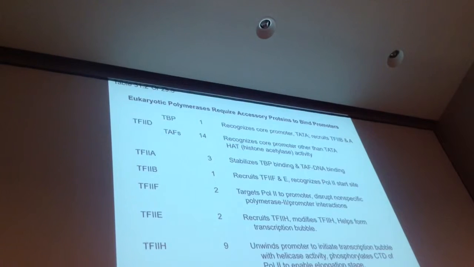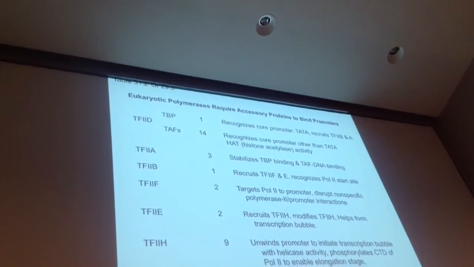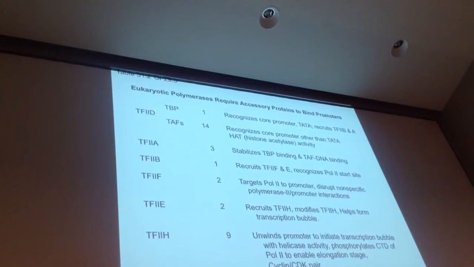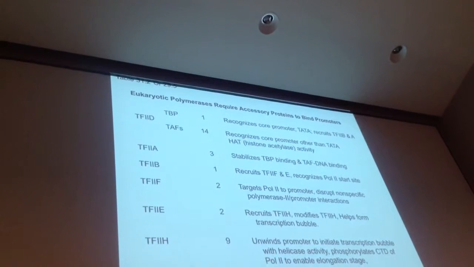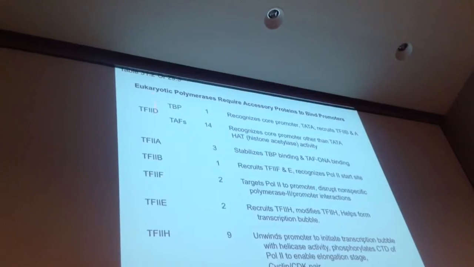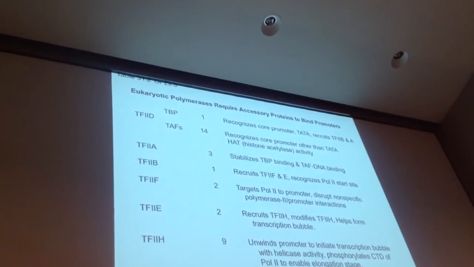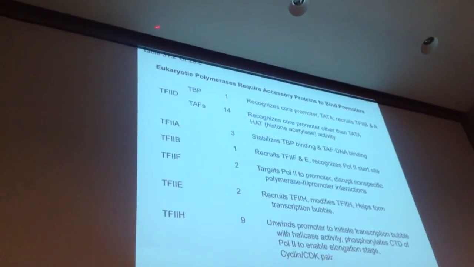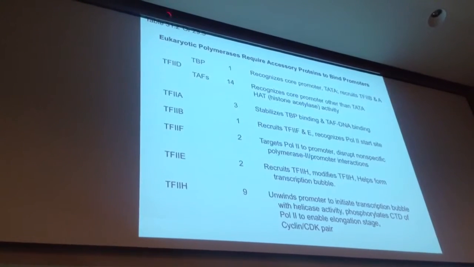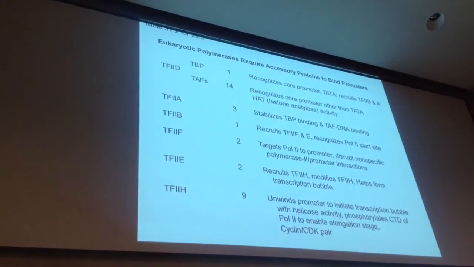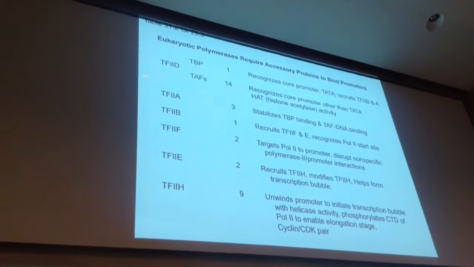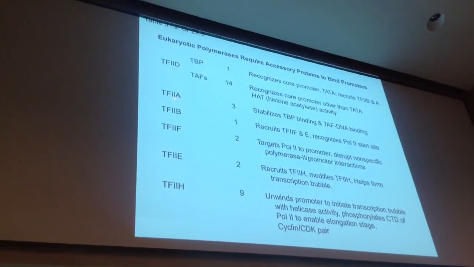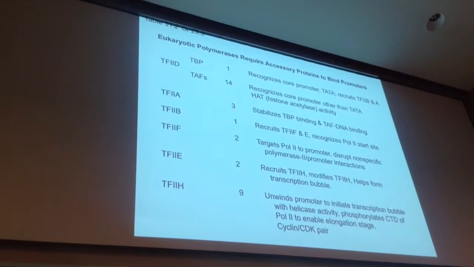They're called transcription factors, and the ones that help to bind polymerases are called TF, transcription factors. The 2 refers to the polymerase, so these are transcription factors for polymerase 2, and they're labeled A, B, C, D, E, F, and so forth. Those final letters just refer to the order in which they were identified. So the first transcription factor identified for polymerase 2 is this guy here.